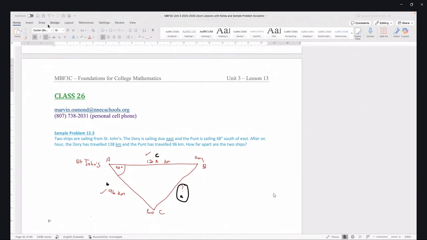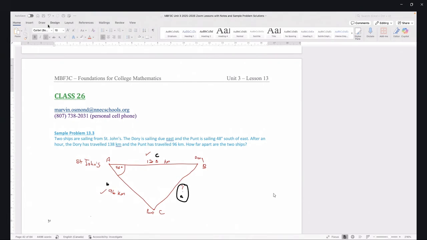We worked through some examples last week of using this cosine law to solve for the measure of one of the sides of the triangle. And we also did some examples where we had to calculate the measure of an angle using the cosine law. All formula based. Once you determine what you have to find, whether it's a side or angle, then you pick out the appropriate formula.